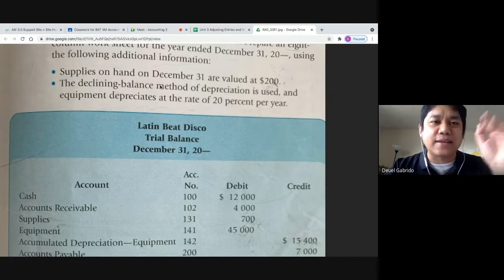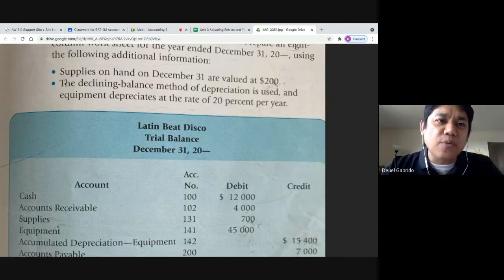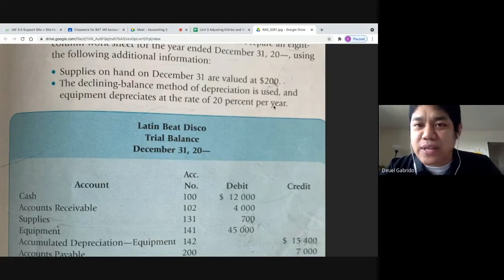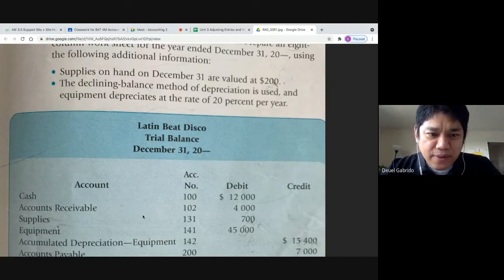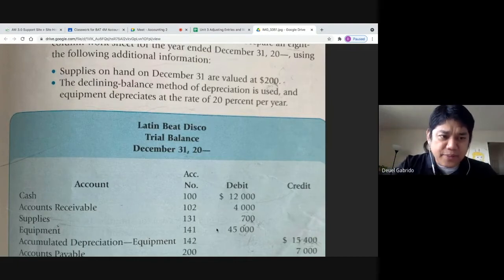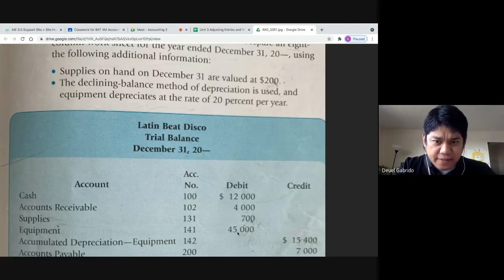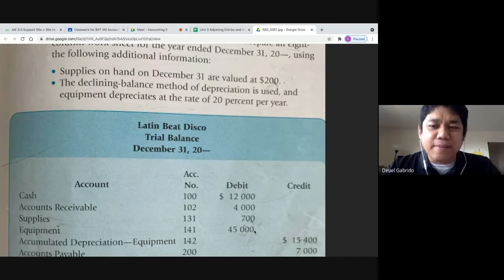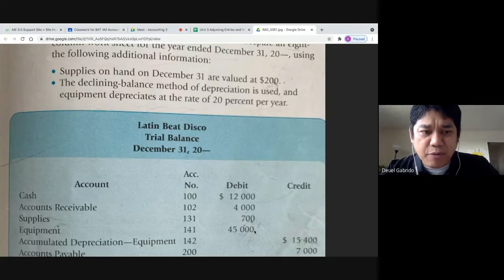I'll show you how to calculate. We are using equipment. How much is the equipment here in the trial balance? We have 45, right? You see this one? I have a question for you. Is the equipment new or old?